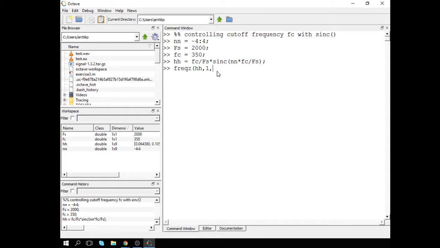It's just the formula of yn equals the convolution between this impulse response and the data. Okay, so the parameter A is now just scalar 1, 1024 points, and sample rate of Fs.